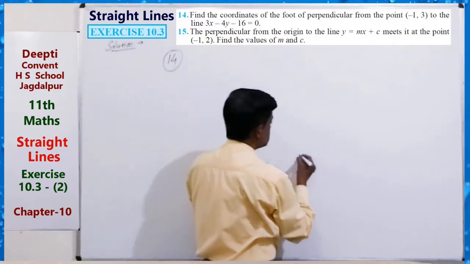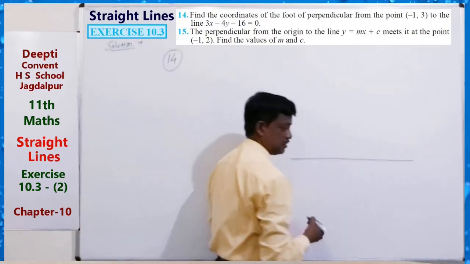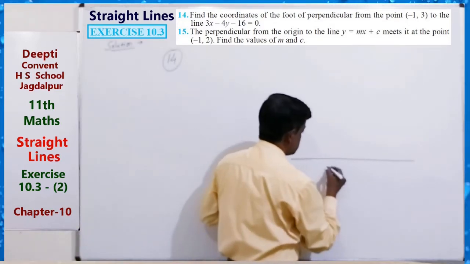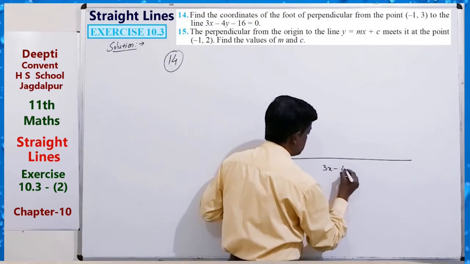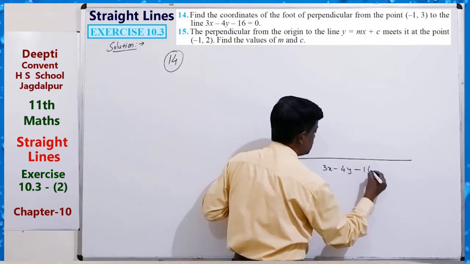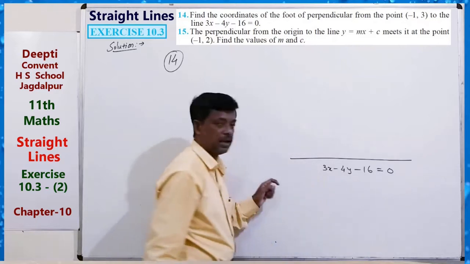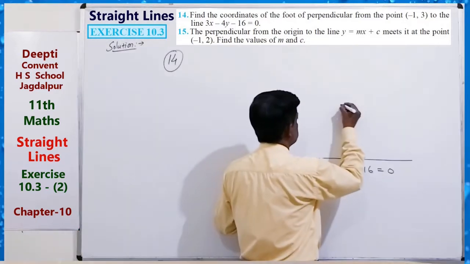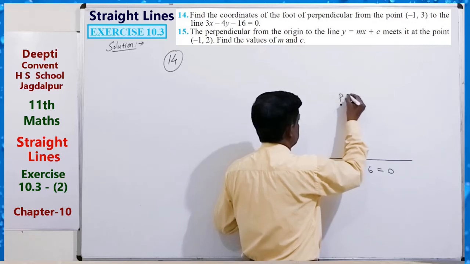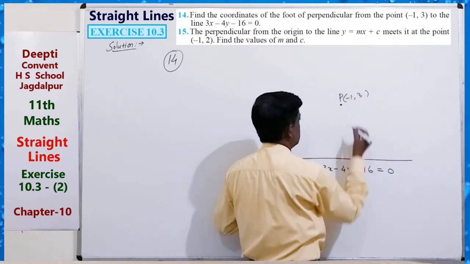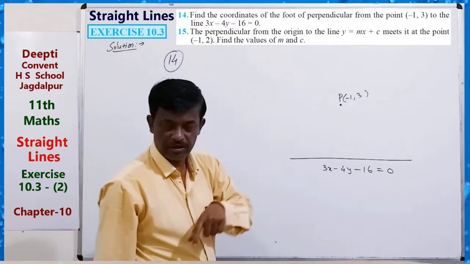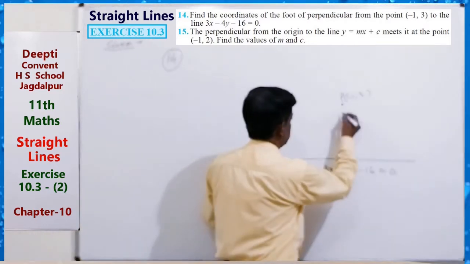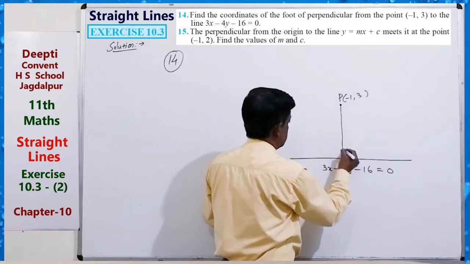Here the given line is 3x minus 4y minus 16 equals to 0. This is the given line. And the point is minus 1, 3. Suppose this is the point. From this point, draw the perpendicular to this line.